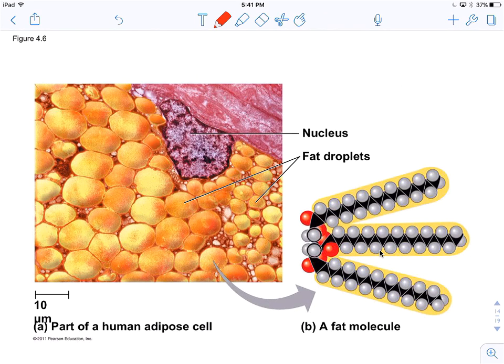Here's a picture of a fat. And you can see, remember, the black is carbon, the white is hydrogen, and the red is oxygen. So there's just a little oxygen, but lots of hydrogen and carbon. And this is what a fat looks like, ball and stick. And this is what a fat looks like in your cells. Yummy.